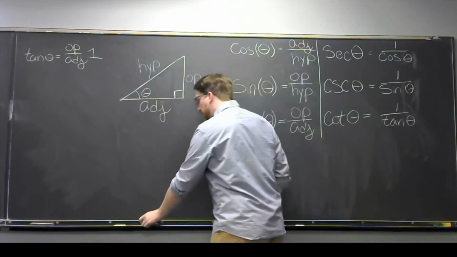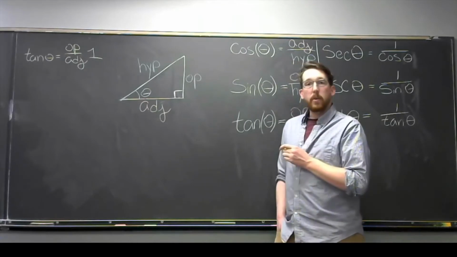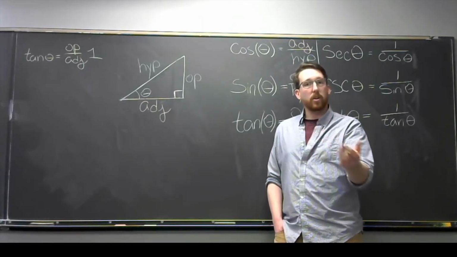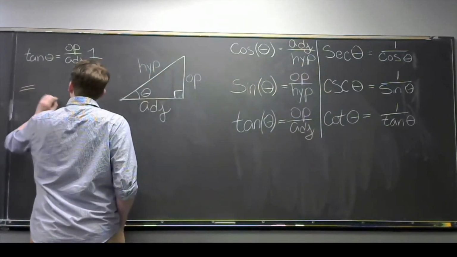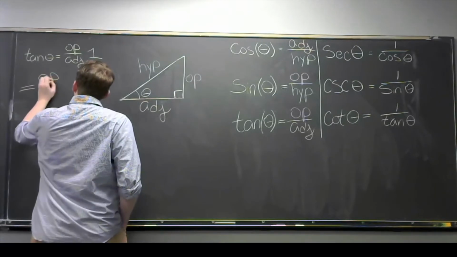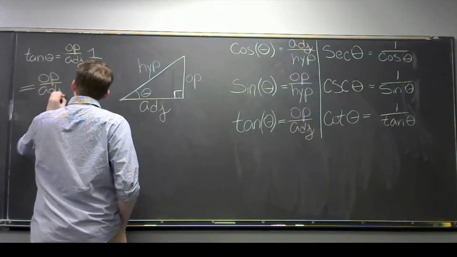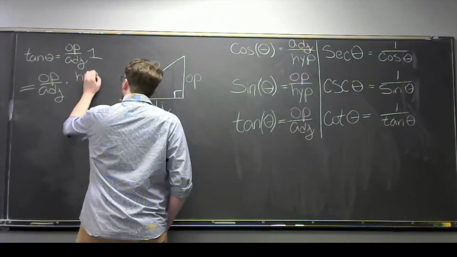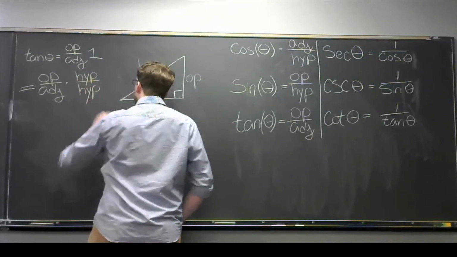Now we can redefine that 1 as being equal to the length of the hypotenuse divided by the length of the hypotenuse. When we do that, we get the opposite over the adjacent times the hypotenuse over the hypotenuse.